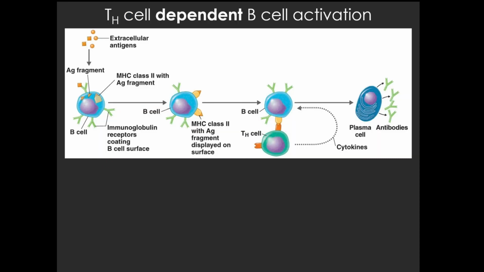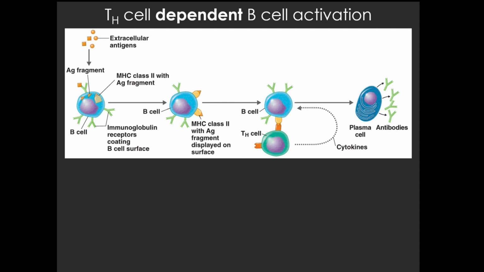All right, so this picture may look familiar to you because in the previous lecture we studied T cell independent B cell activation, where the B cell either encountered antigen on its own or encountered antigen because an antigen presenting cell brought that antigen to it.